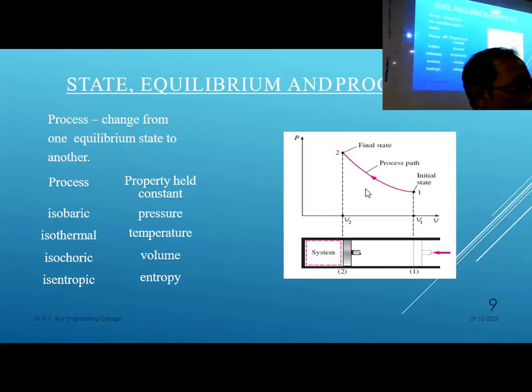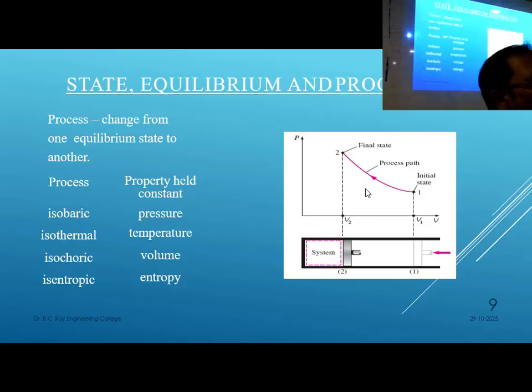Another way you can do it, you take the cylinder and on the top of the cylinder you add, theoretically, not practically, one granule of sand at a time. Just theoretically think, some robotic hand is adding one granule of sand at a time. So you are adding more and more load, though it is infinitesimally small.